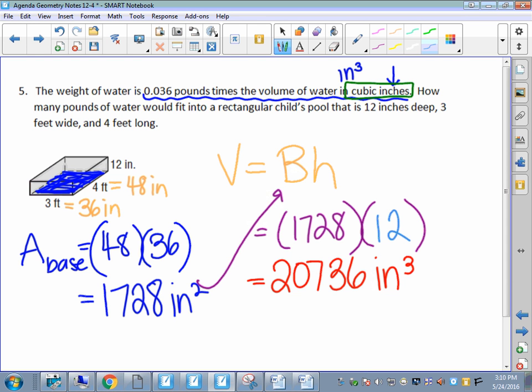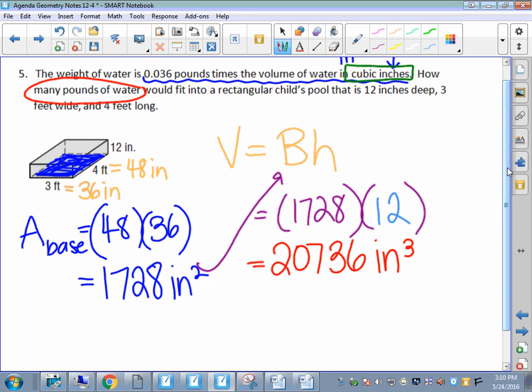That's a lot of cubic inches of water that we can put in there. But it does want to find out how many pounds of water would fit into that. How heavy would it be? Well, if the weight of water is 0.036 pounds times the volume, and I just found that the volume was 20,736 cubic inches, I'm just going to multiply that.